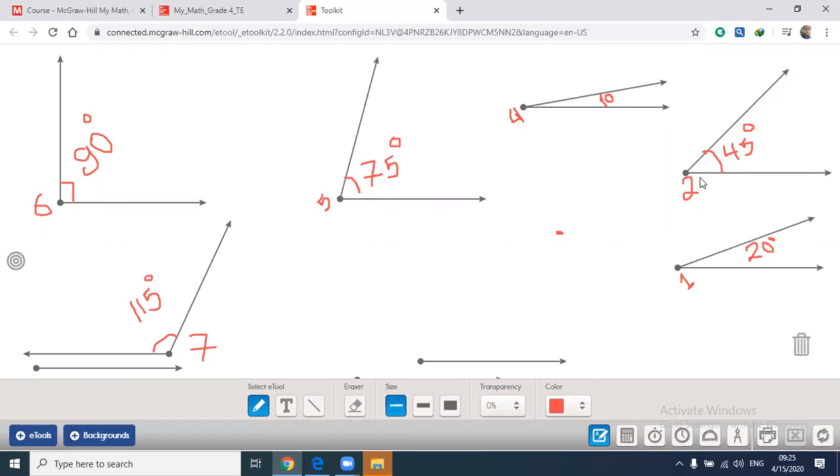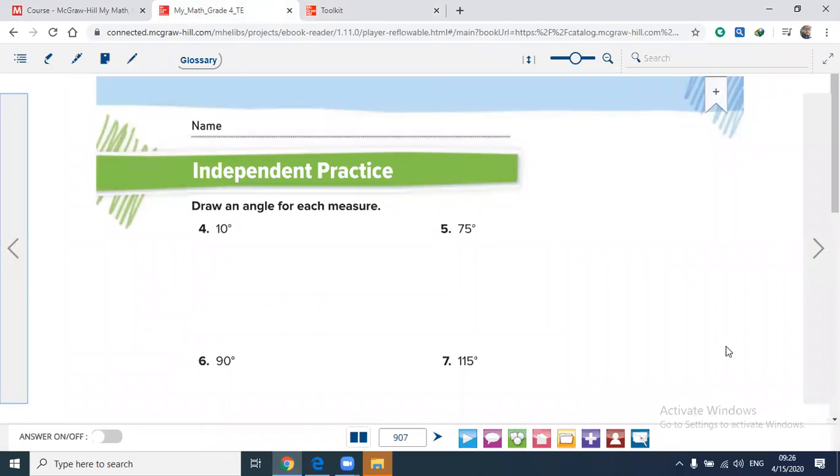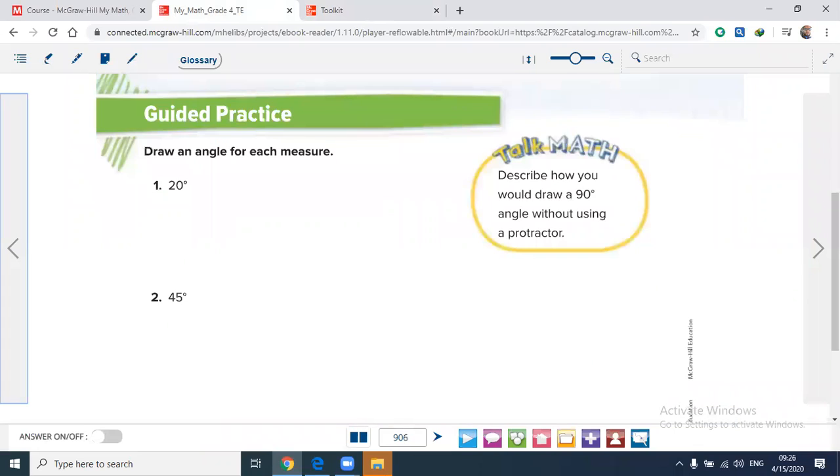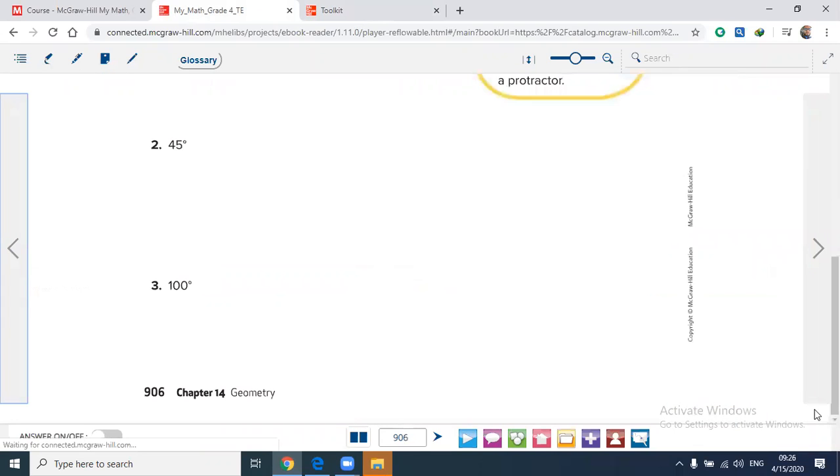Which one, Muhammad? Number 2 again? Yeah. In the guided practice, number 2. Okay. I do it here. This is number 2, 45 degrees. As you see, the guided practice, number 2. This is number 2, Muhammad, 45. Number 3, 100. Okay, I'll draw number 3 again.